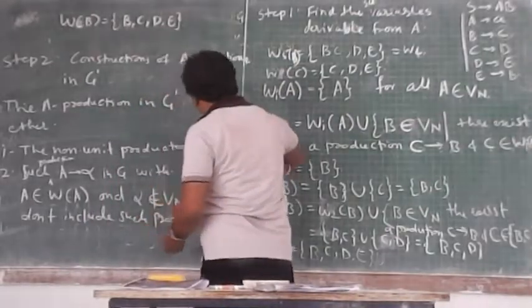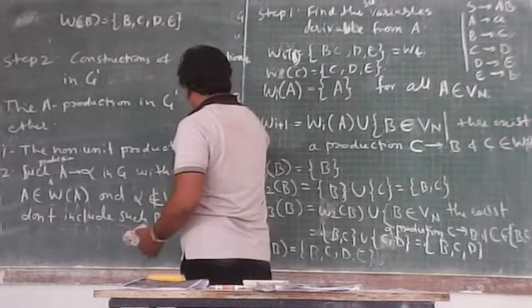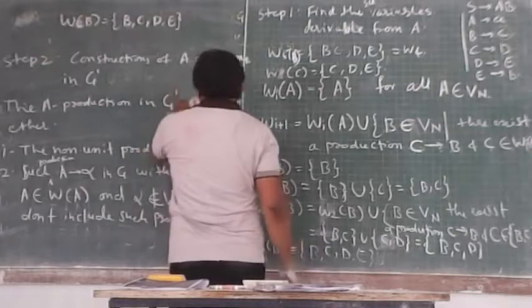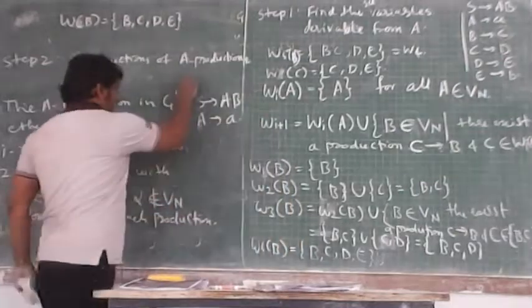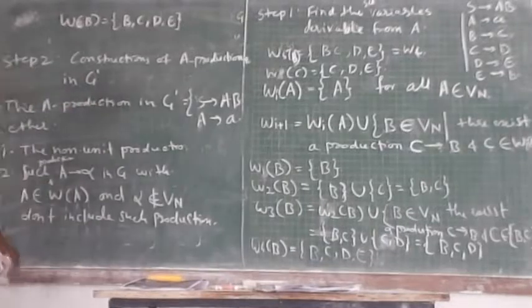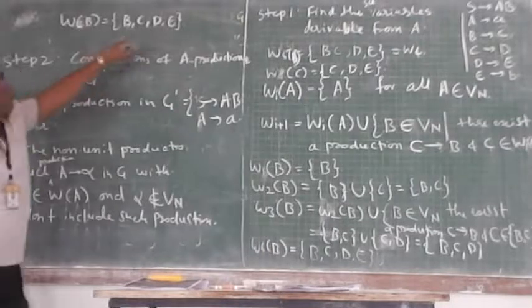In G dash, S implies AB was there, A implies A was there. Now I am constructing G dash. So I excluded B implies C and C implies D. What about D implies E? Go for the next production.